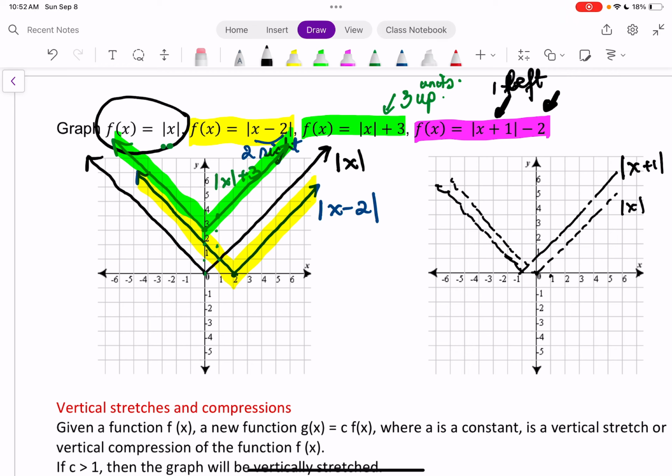And then minus 2 means move this whole graph 2 units down. So the one that you got already, move it 2 units down.